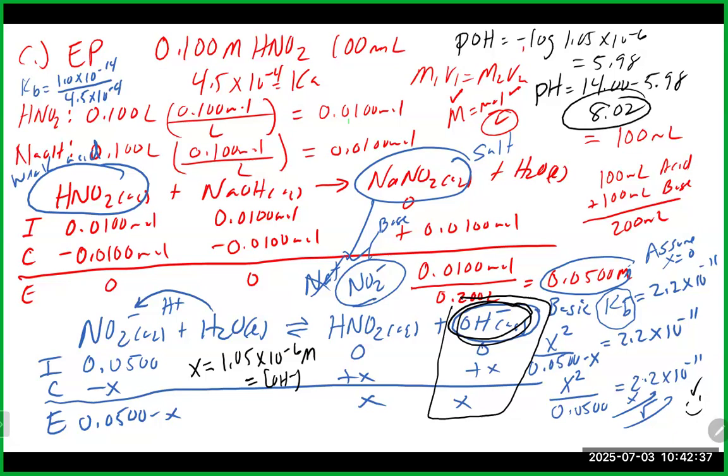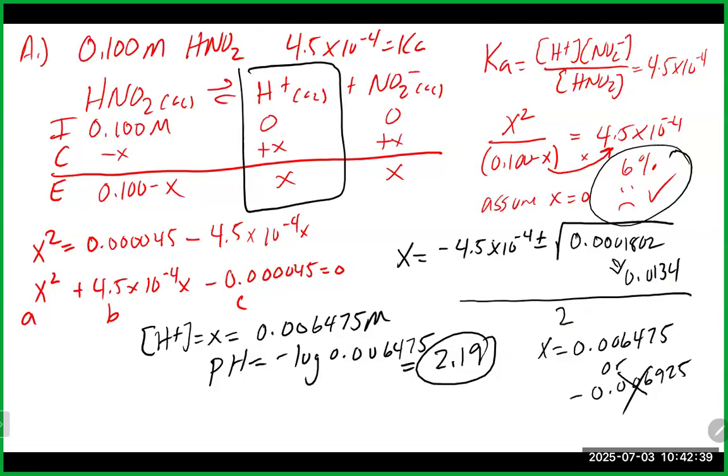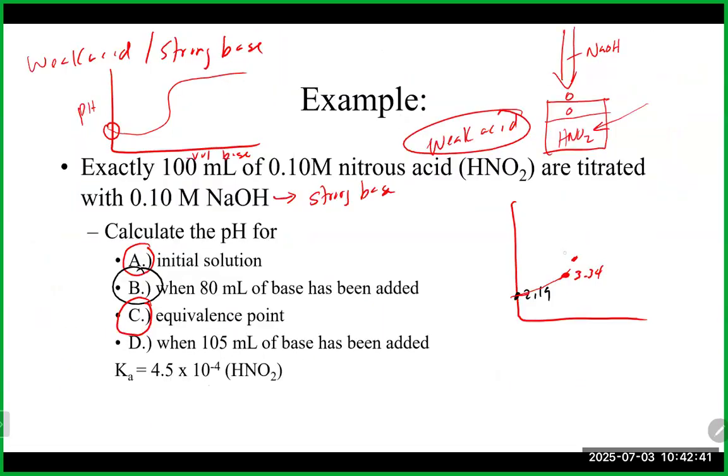All right. So crawling up our graph here, we made our big jump to our 8.03-ish. And now we are ready to kind of make the turn here, if you will, and finish it out with D, which is what is the pH after 105 milliliters have been added.